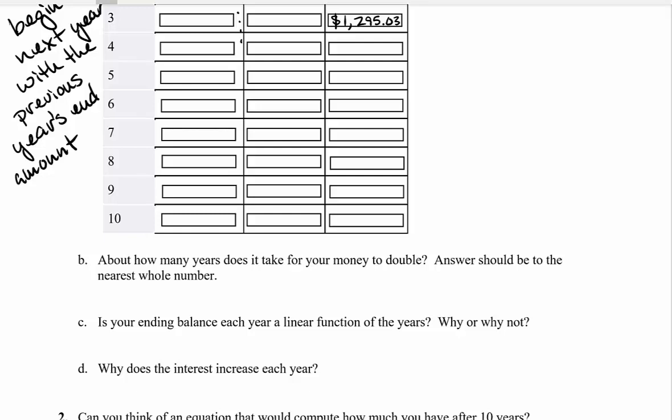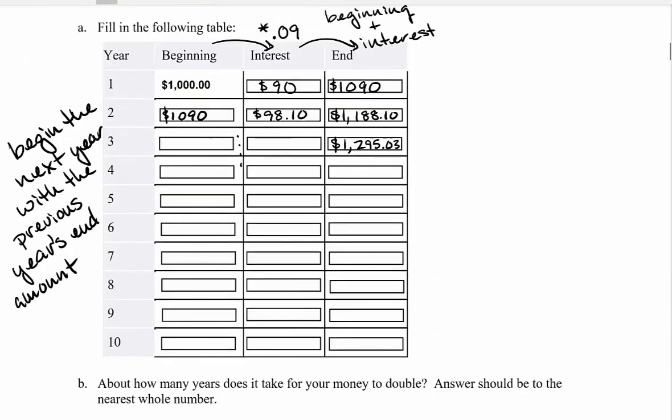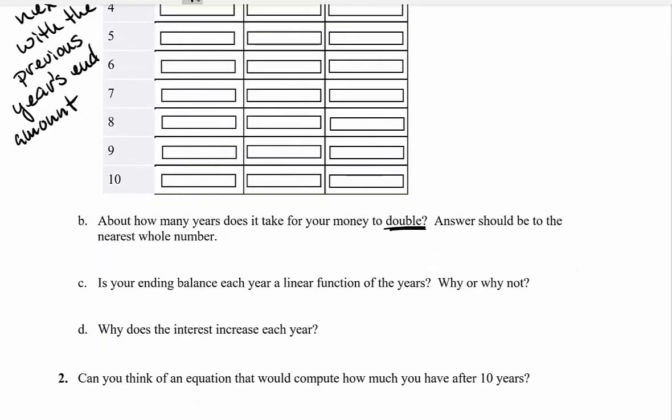About how many years does it take for your money to double? Well, we started with $1,000 in the beginning. So double would mean you have to take that $1,000 and multiply it by 2. So that'll be $2,000. How long does it take to get $2,000? Well, I'll give you another piece of the table. Here in year 8, you will eventually get 1,992.56.